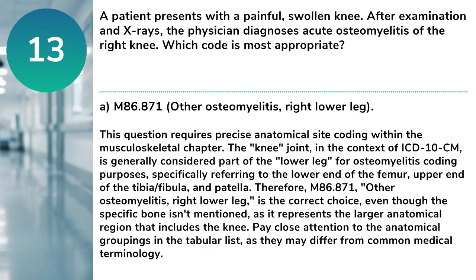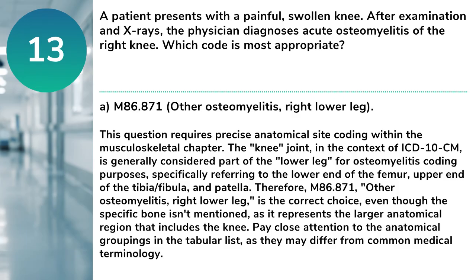Answer A. M86.871, other osteomyelitis, right lower leg. This question requires precise anatomical site coding within the musculoskeletal chapter. The knee joint, in the context of ICD-10-CM, is generally considered part of the lower leg for osteomyelitis coding purposes, specifically referring to the lower end of the femur, upper end of the tibia/fibula, and patella.